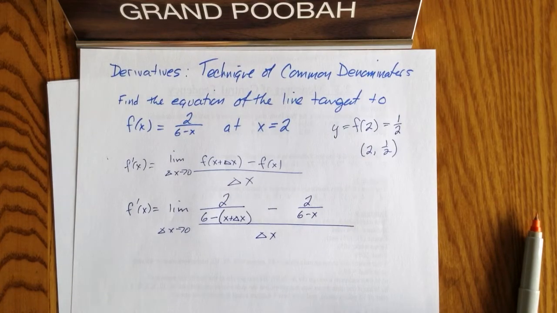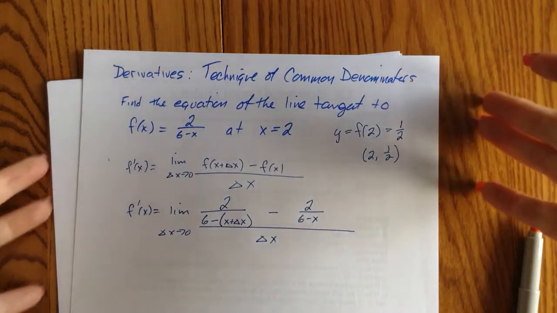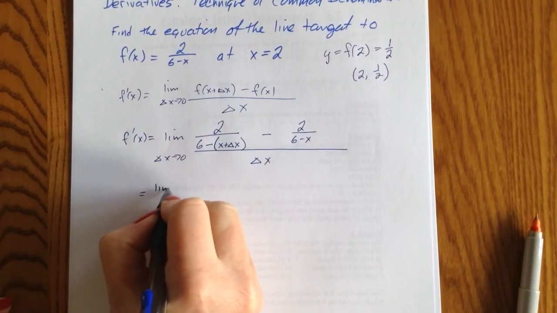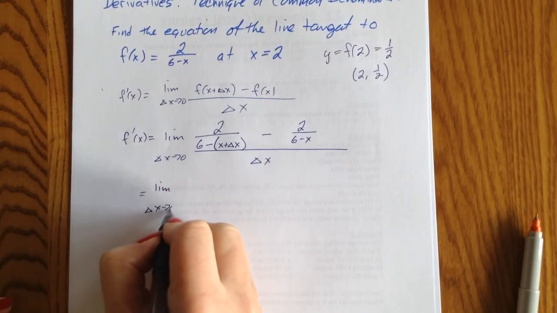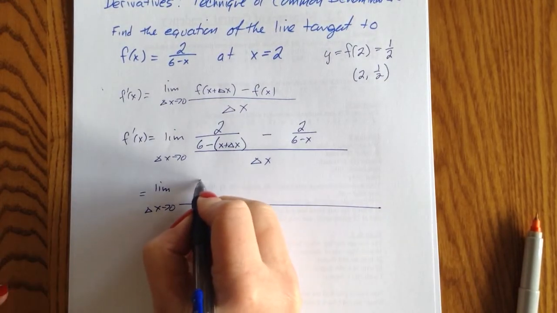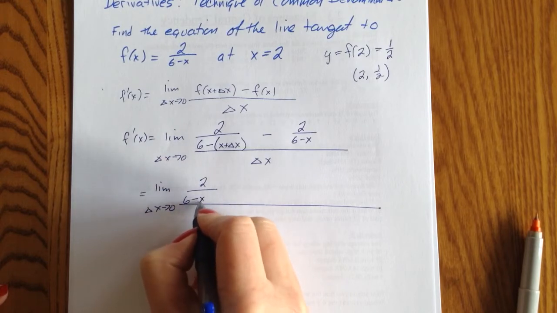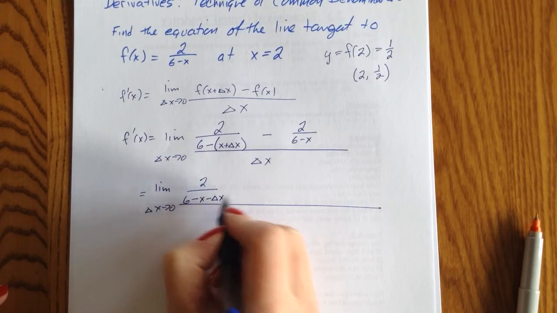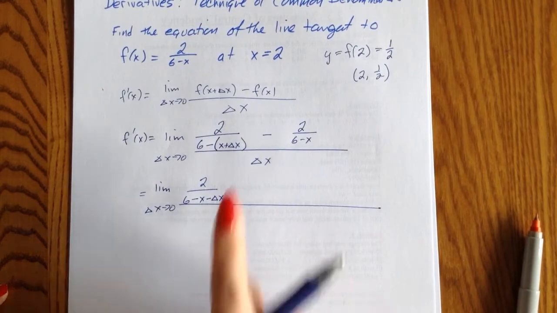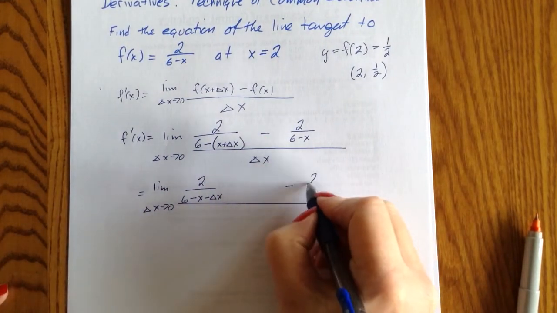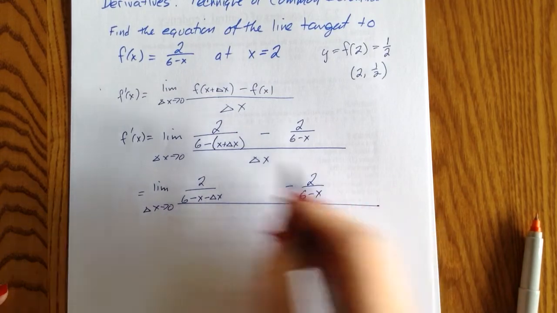All right, so just to make our lives better, I'm going to write this again, distributing the negative ever so carefully. You don't want to drop any of these signs. It'll mess things up. All right, limit as delta x approaches 0. This is 2 over 6, distribute the negative, minus x minus delta x. Now, because we're going to do common denominator work, I'm going to leave myself some room here, and then the minus, and the 2 over 6 minus x, all over delta x.